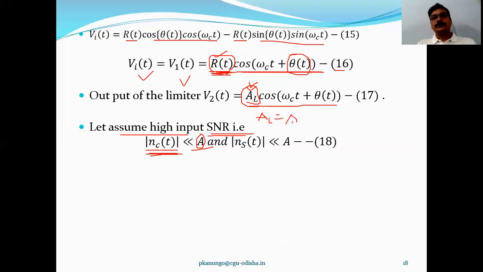We can assume like that also. That is a constant value. At the same time, these two quadrature components of noise are very much less than A. That is the meaning of high input SNR.